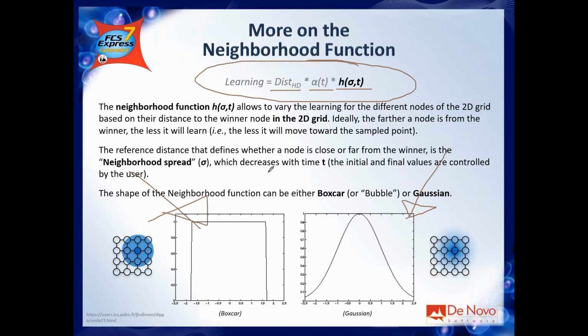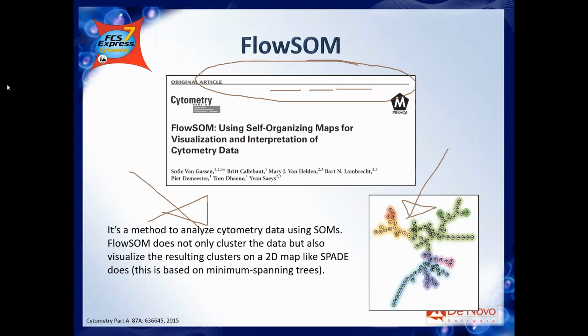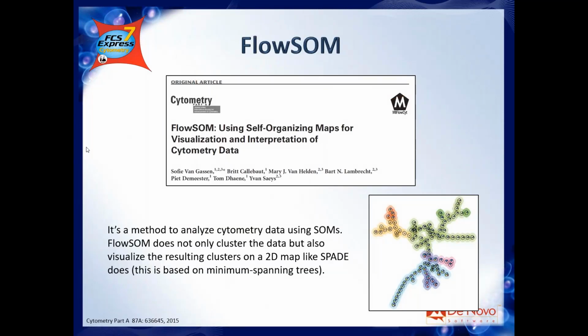Okay. Now, FlowSOM. FlowSOM relies on self-organizing map. It was published in 2015 by Sophie Van Gassen, and it's basically the application of SOM in flow cytometry, or actually in cytometry. You can also use it for mass cytometry and image cytometry.